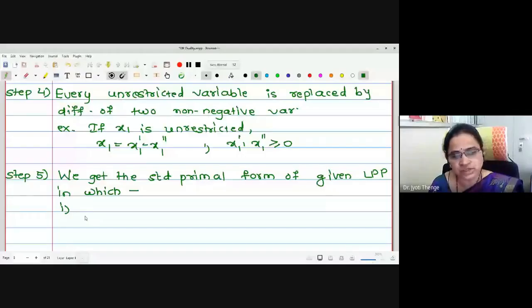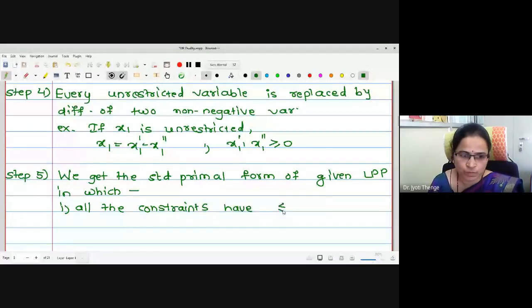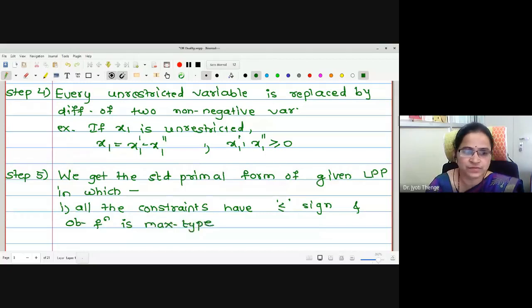First point, or one can say there are two standard ones even. First is all the constraints have less equal sign and objective function is maximization type. Okay, this is first.